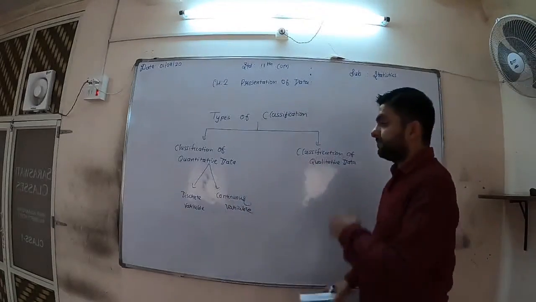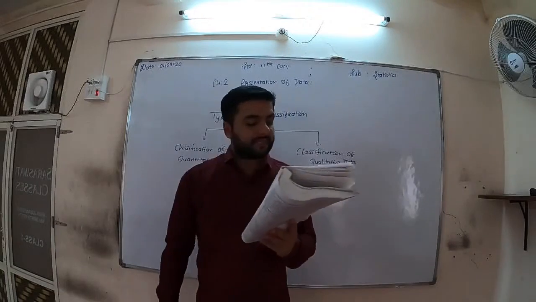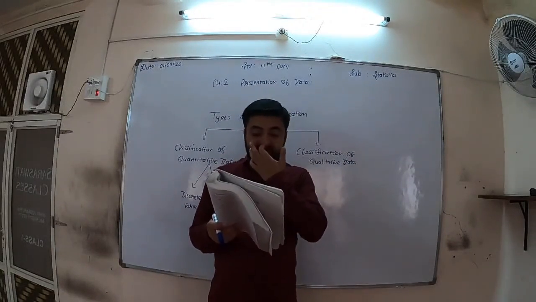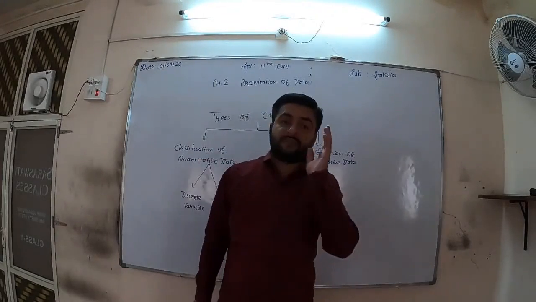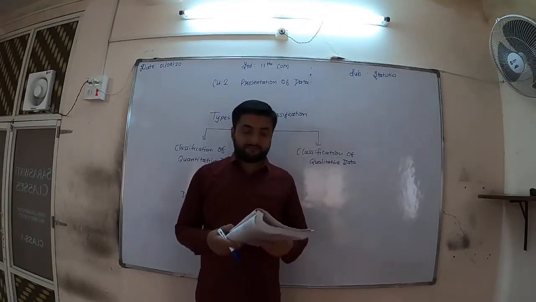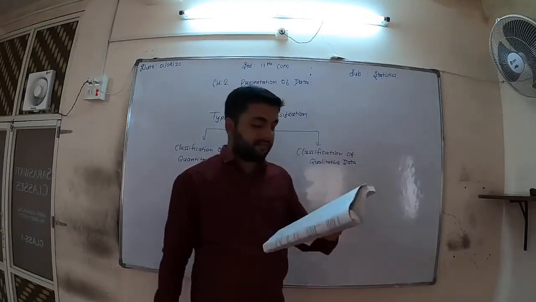Okay, so discrete and continuous are two subtypes. Classification of discrete variable is called discrete frequency distribution, and classification of continuous variable is continuous frequency distribution. Frequency means how many times it is repeated. Okay, now we are going for discrete frequency distribution.